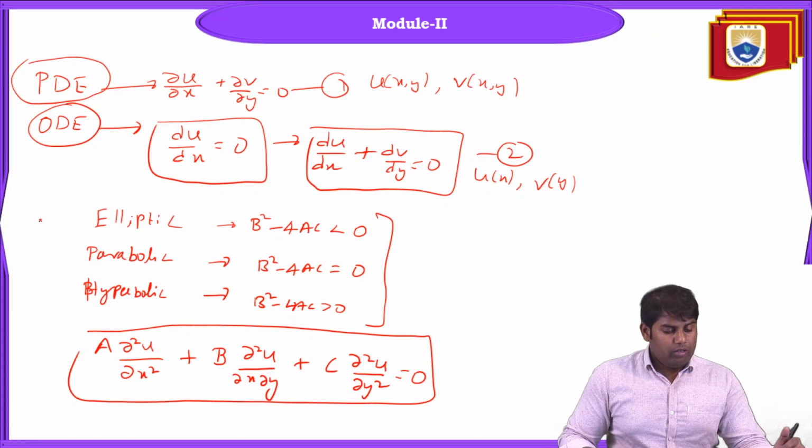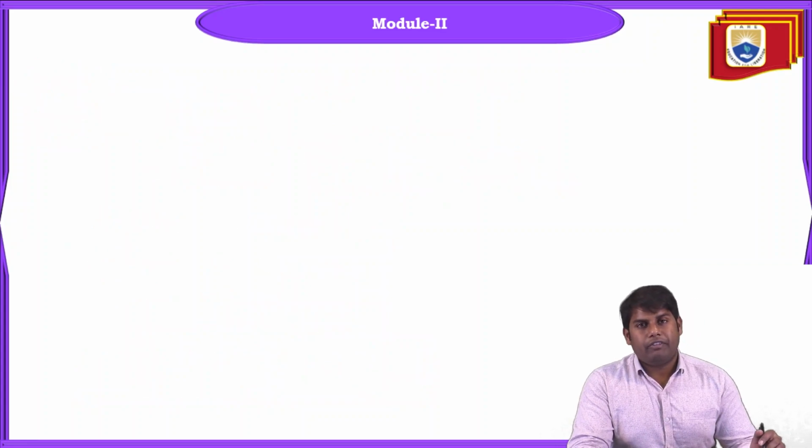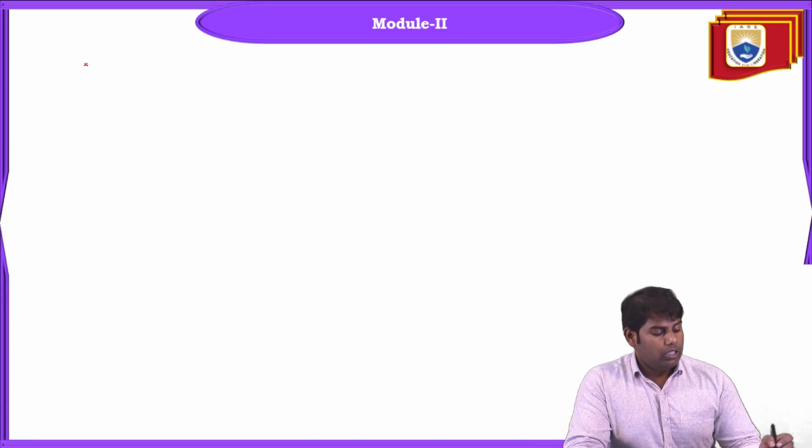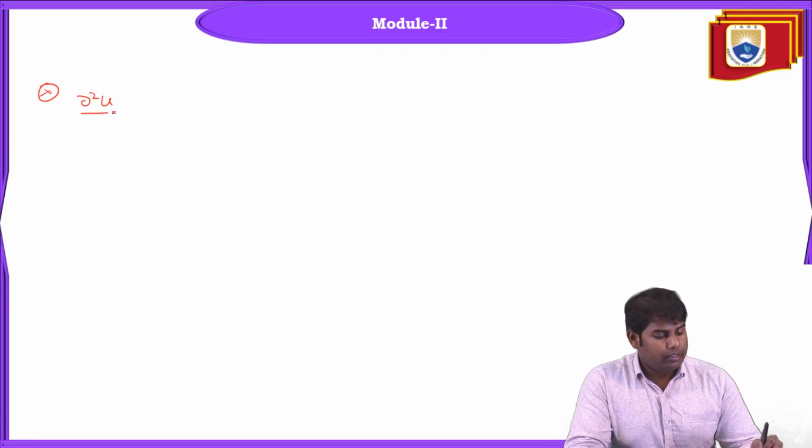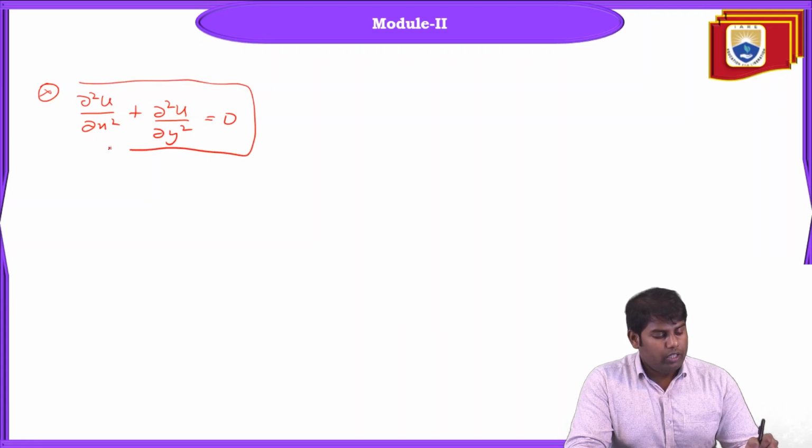When it comes to elliptic, let's say we have a question: describe the nature of elliptic equations. Taking the elliptic equation example, we have dou square u by dou x square plus dou square u by dou y square is equal to 0.